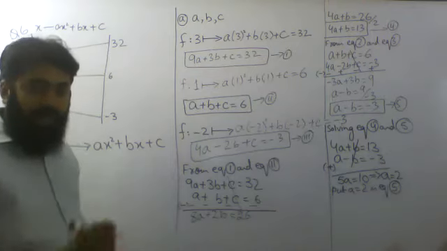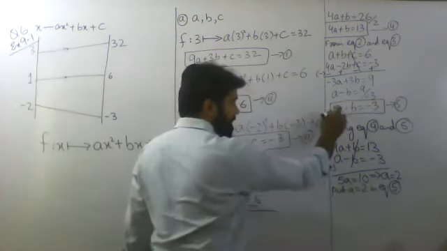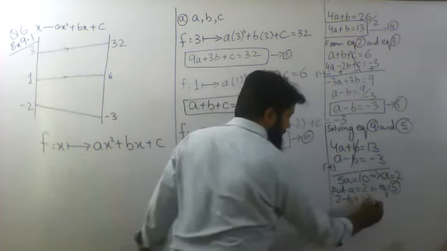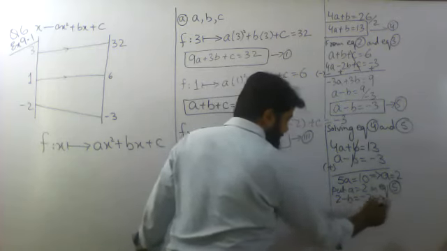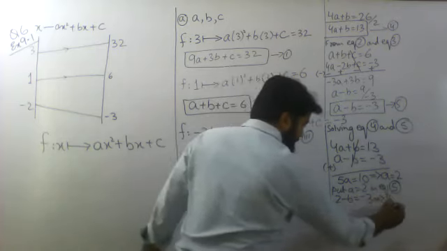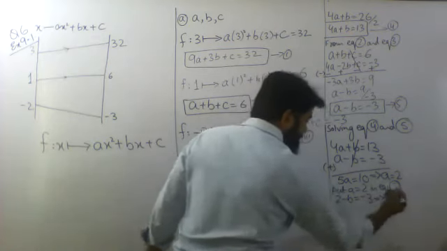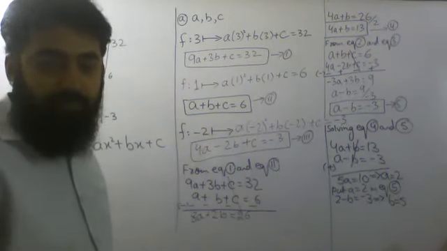Okay. So when I put it over here, 2 minus B equals minus 3, which means the value of B equals 5. The value of B is coming 5.